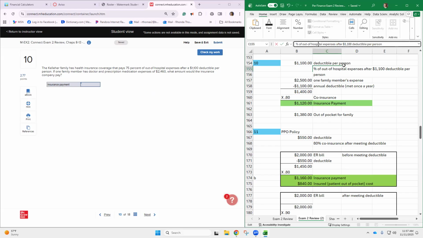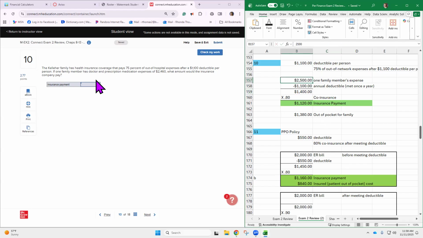So what this policy does is the policyholder has to pay $1,100 before the insurance basically kicks in. They're going to pay 75% once that deductible has been met, and then the policyholder will have to pay 25% out of pocket.